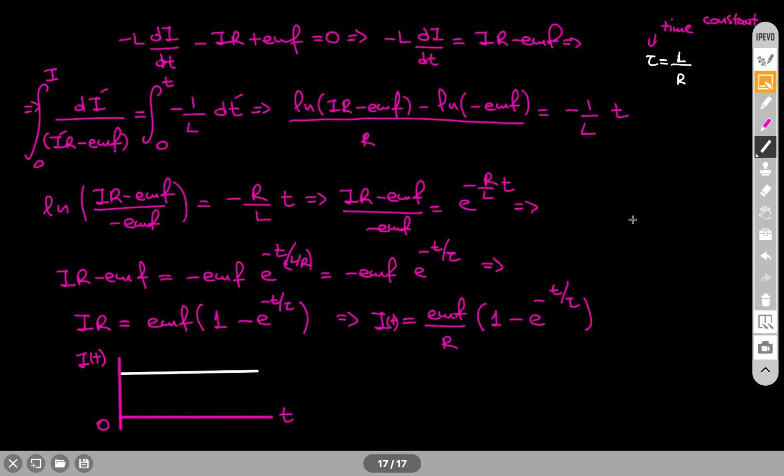With this line I'm going to show you the EMF over R. This is how much current I would have flowing in the circuit even from the beginning if I did not have the inductor.